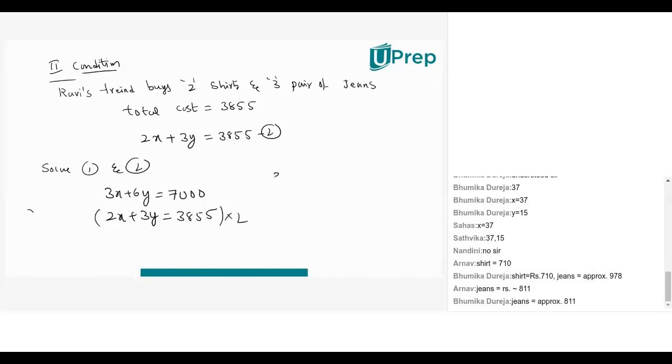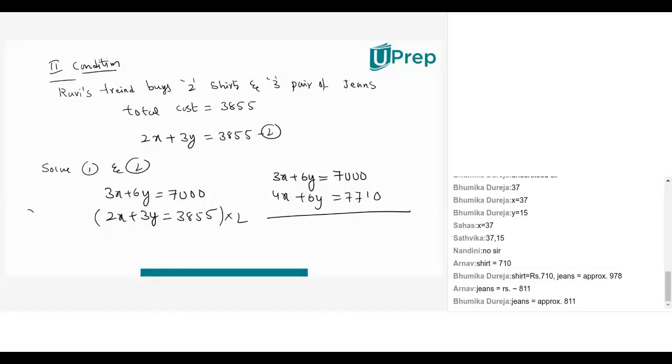So 3x plus 6y equals 7,000 is your first equation. Now if you multiply the second equation by 2, 4x plus 6y equals 7,710.